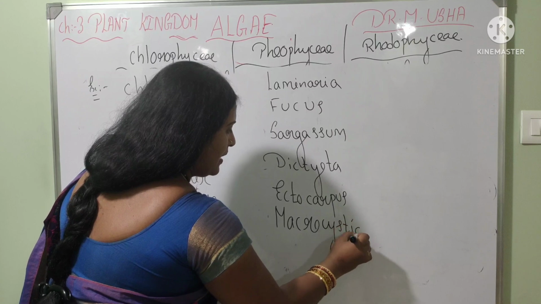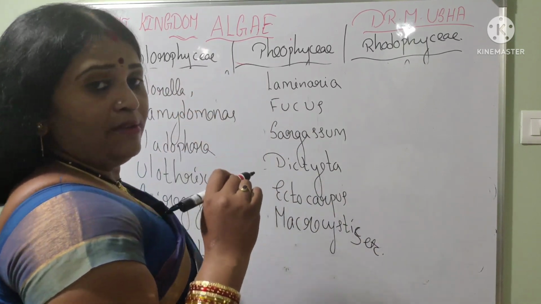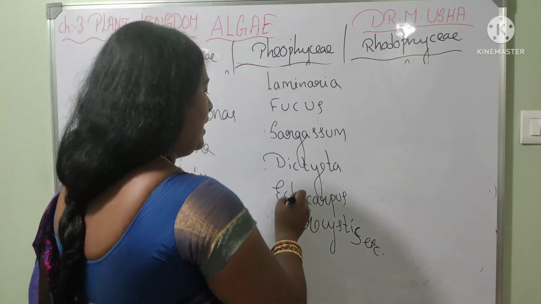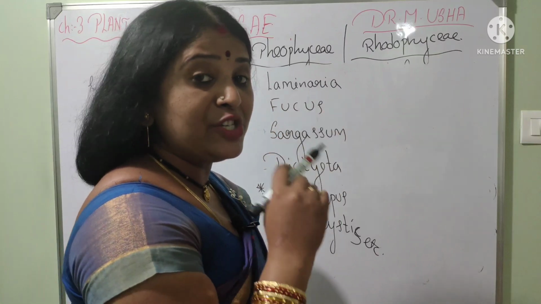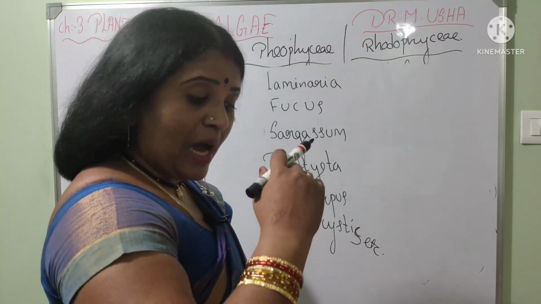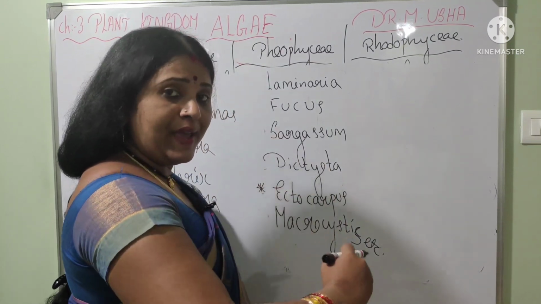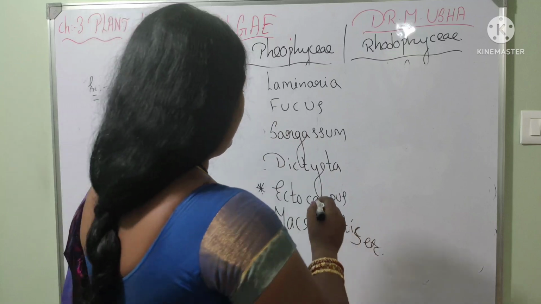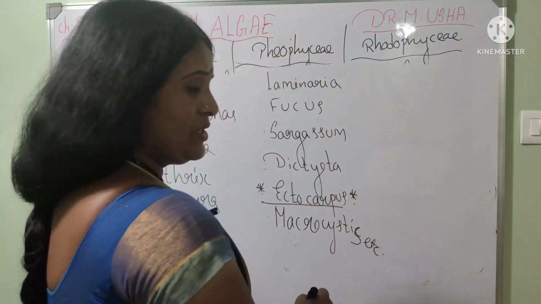All these are special examples under the Phaeophyceae, right? Among all, children, Ectocarpus is the mostly unbranched filamentous, lower form of brown algae. This is a very, very important point that I am telling you.